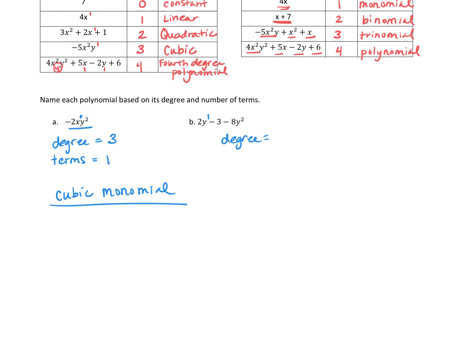We're going to take the highest degree of any of those terms, so the degree is 2. And then how many terms do we have? 1, 2, 3. This has 3 terms. So anytime the degree is 2, it's a quadratic. And then when it's 3 terms, it's a trinomial. So this is a quadratic trinomial.